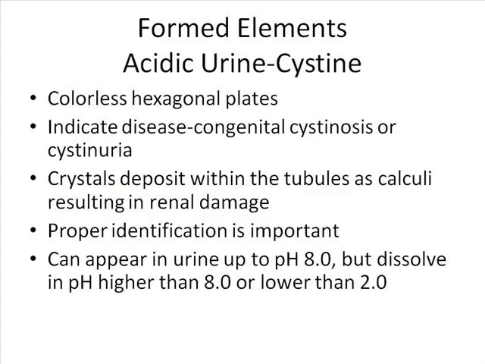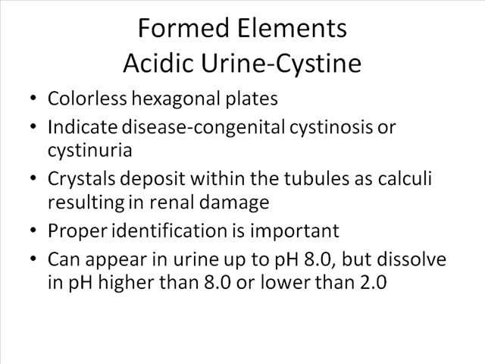All right. Now, cysteine. Cysteine is one of the few pathological crystals, okay? It indicates congenital cystinosis or cystinuria. So if you think you have a cysteine there, make sure indeed that's what it is, because you will only see it in cases where a patient does have a problem.